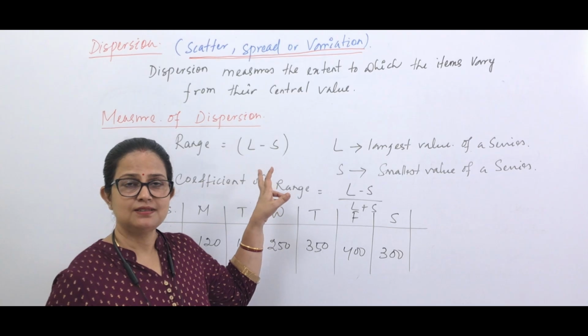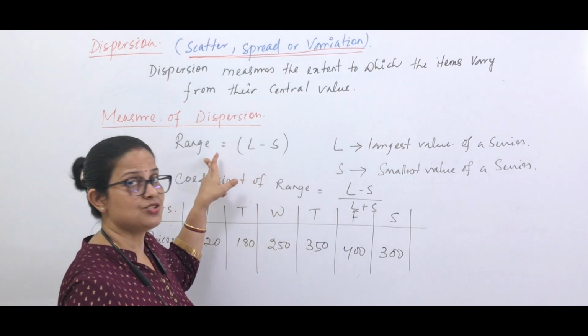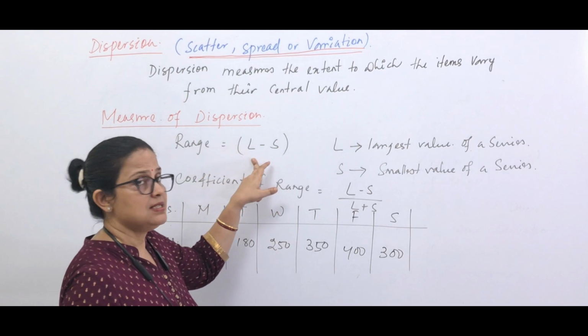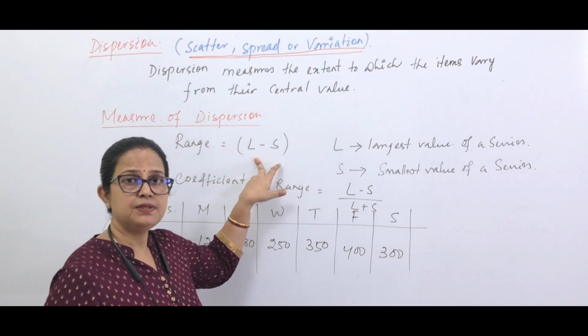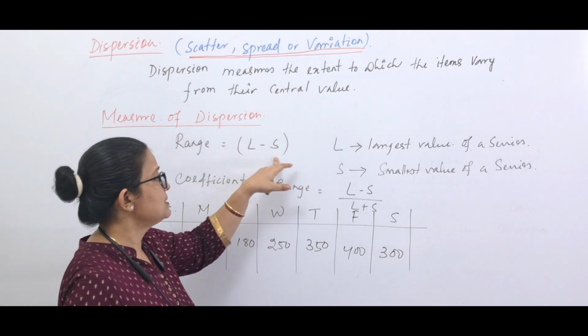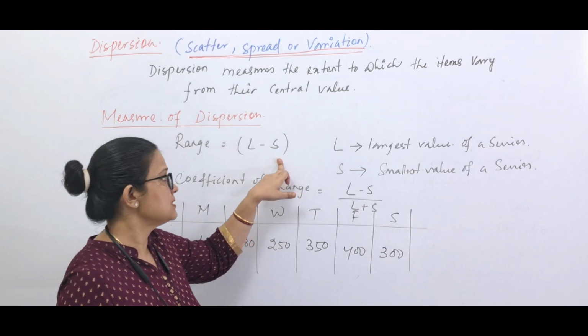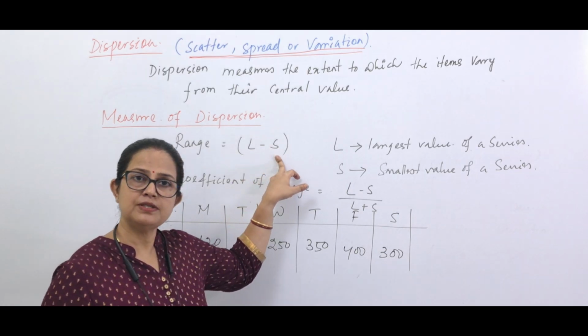So first measure of dispersion is range. Range is nothing but the difference between the largest value of a series and the smallest value of the series.